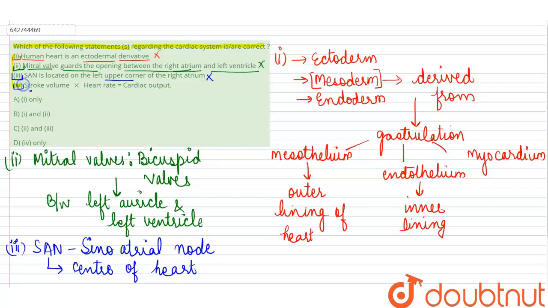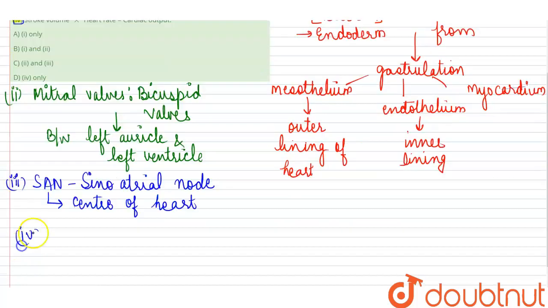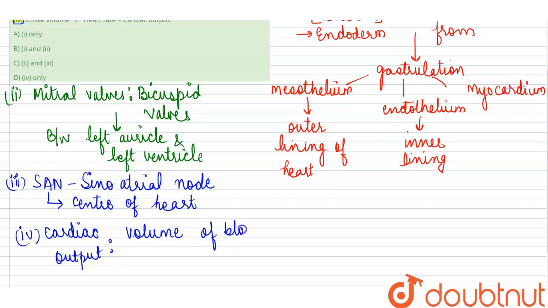The fourth statement says that stroke volume multiplied by heart rate is referred to as cardiac output. This statement is correct. So what does cardiac output mean? Cardiac output is the volume of blood pumped by our heart, that is by both the left and right ventricles, per unit time.